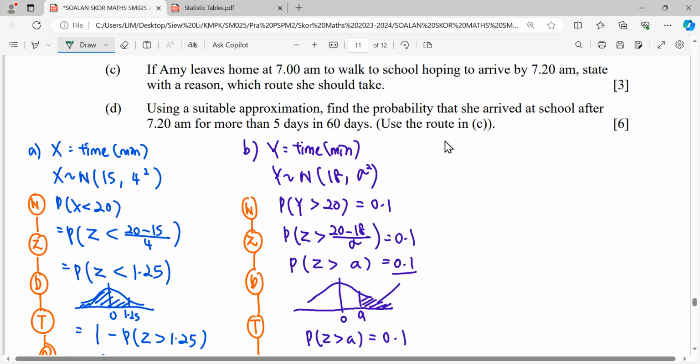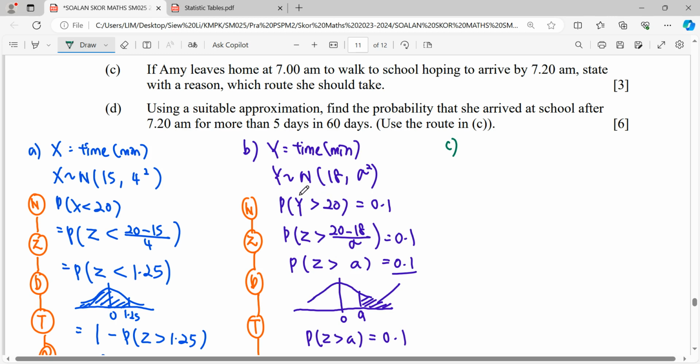Then we continue with question C, where it says if Amy leaves home at 7 a.m. to walk to school hoping to arrive by 7:20 a.m., state the reason which route she should take. So both questions are talking about timing.